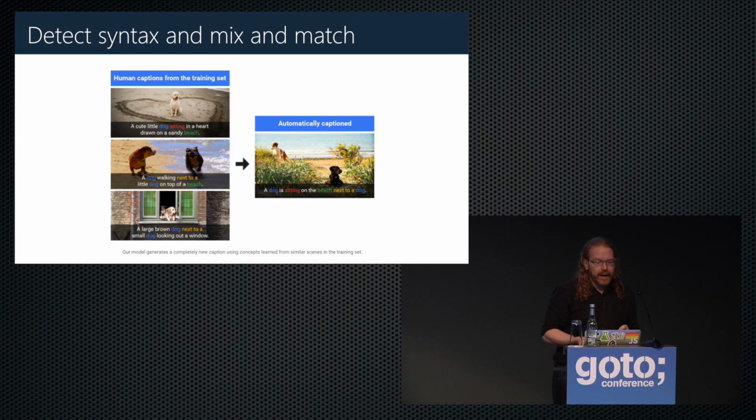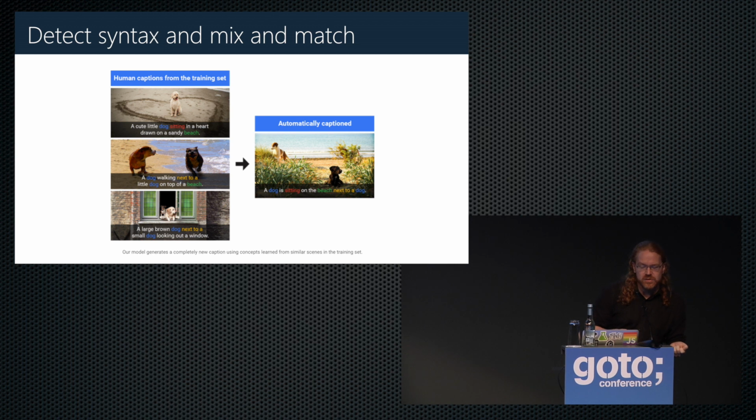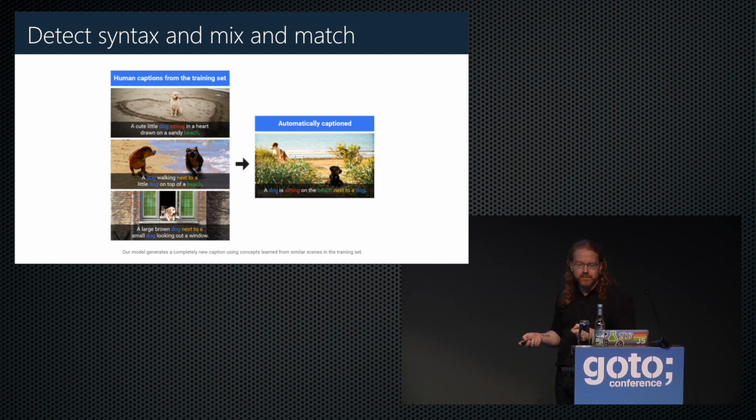So they take whole sentences from that data set rather than just having a tag saying surfboard, man, wave, which is not human readable and not beautiful. They also do syntax detection on these things and find the nouns and the attributes and mix and match them to make better captions for other things afterwards.